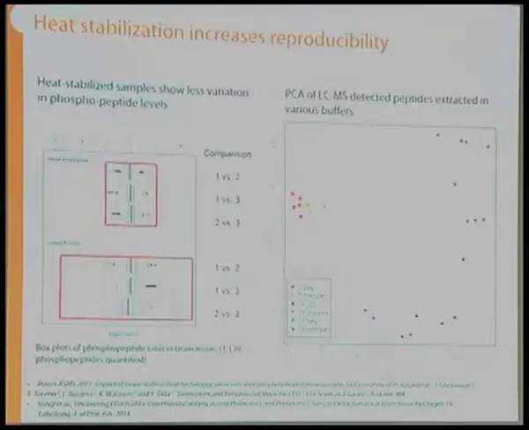This was an experiment we did to show that there is enzymatic activity in 8 molar urea buffers and 2 molar urea buffers and so on, but it also shows quite elegantly how the two heat-stabilized groups cluster very closely together as well as within their groups, whereas all the snap frozen, the regular samples without heat stabilization, are both more spread apart between the groups, and also within the group you have a wider spacing, indicating that they are more dissimilar, more different.